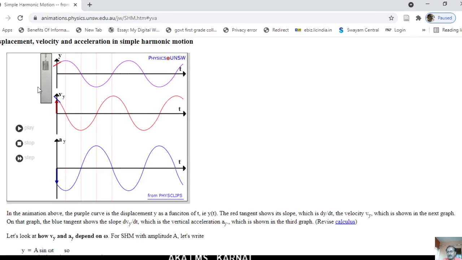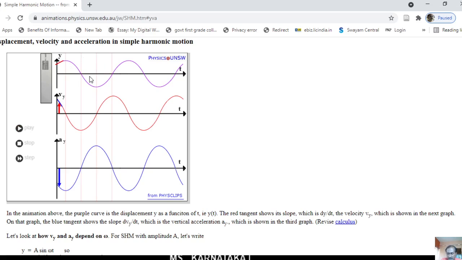Here, for displacement, velocity and acceleration in simple harmonic motion, I have shown animated clips. We can recognize displacement of the particle, velocity, acceleration, and so on. Here we just refer to the first graph, that is the pink color animated clip.